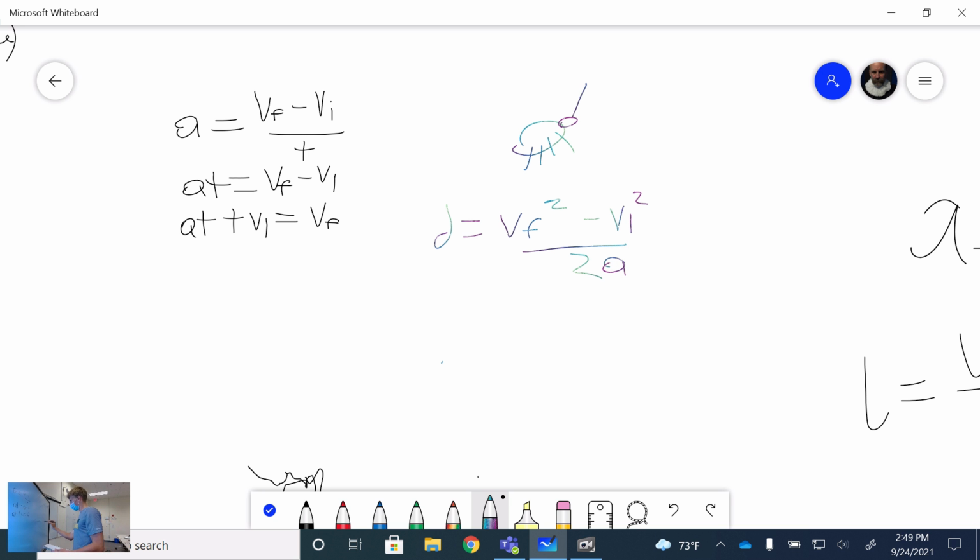Yeah. And then you can just plug this in to where the VF was. Okay. So I did d equals AT plus VI, and then that would be squared, right? Yeah.